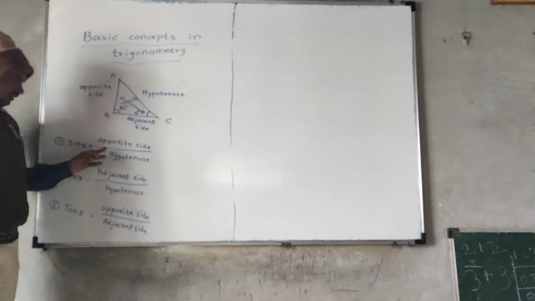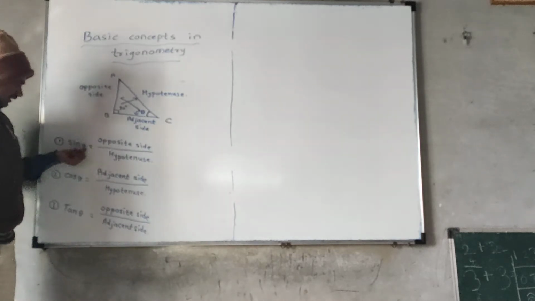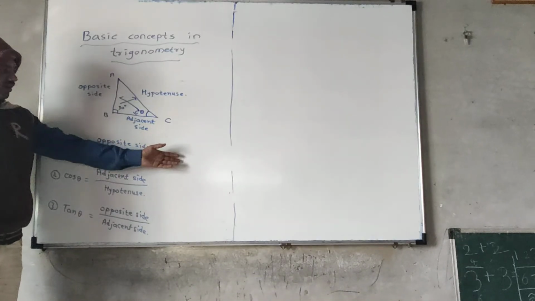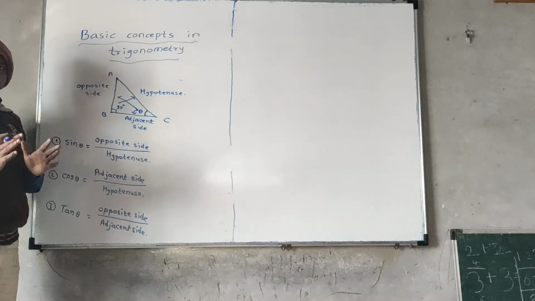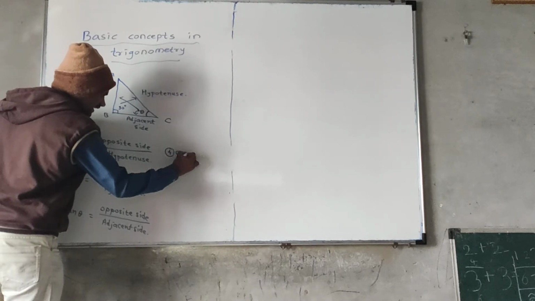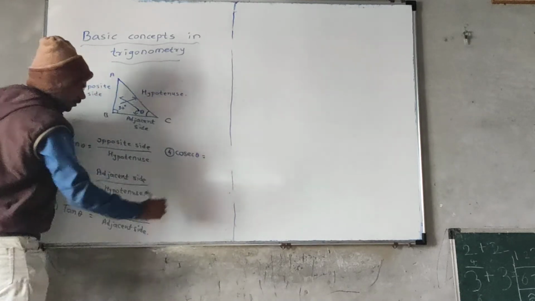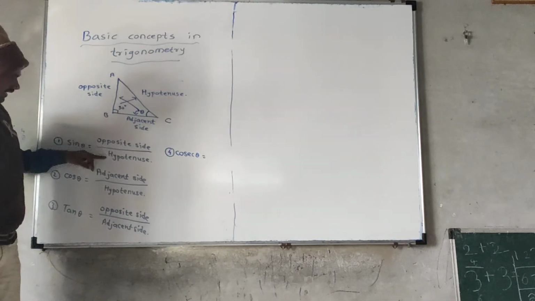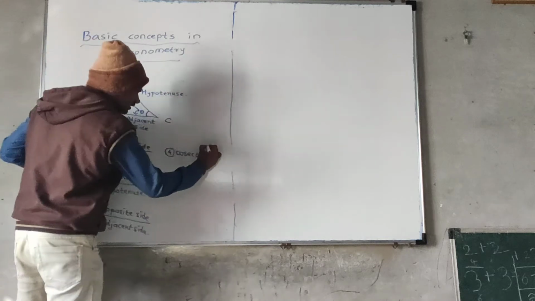Sin, cos and tan, we write these three ratios. After that, all three are very simple. Number 4, cosec theta. For this cosec theta, only take the opposite of this ratio, that is hypotenuse upon opposite side.